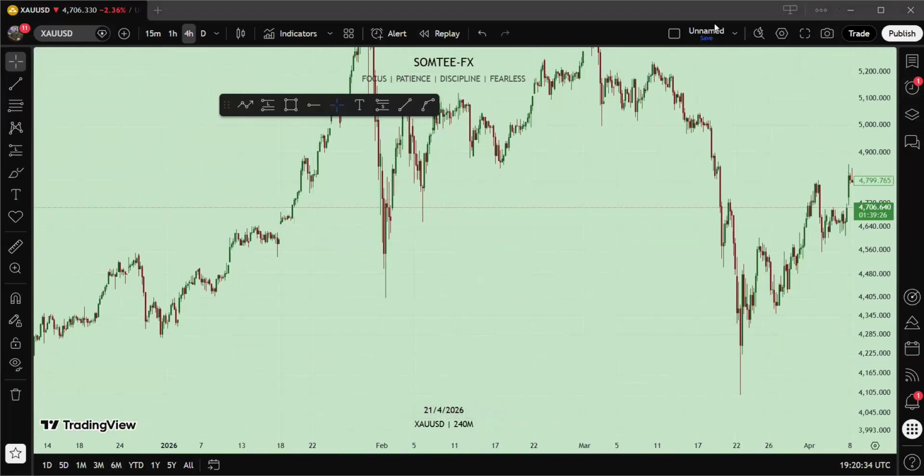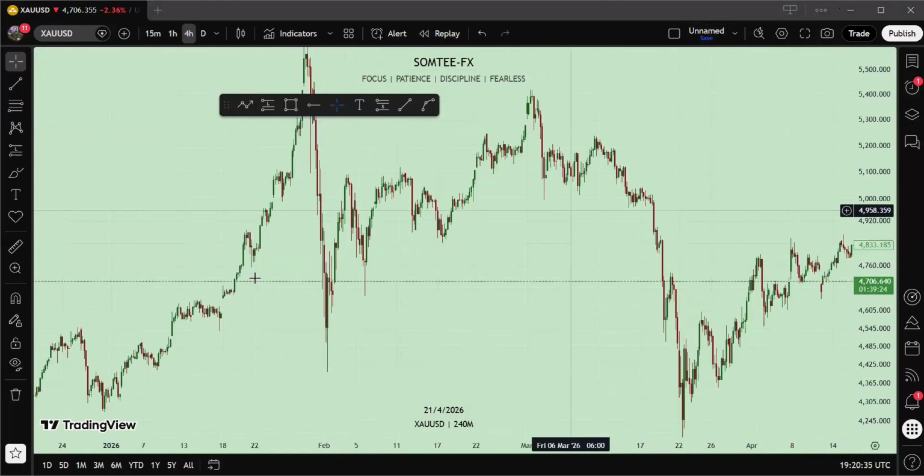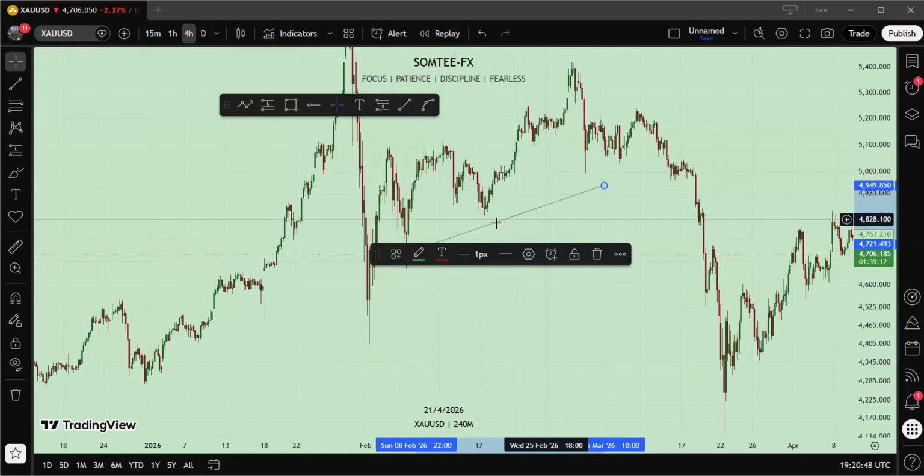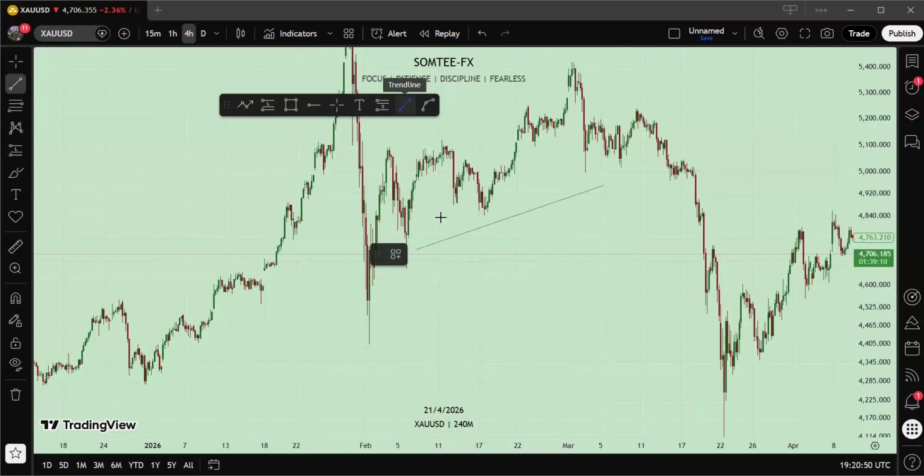You see all these lines. Let's say we are mapping out a line, a line like this. You're seeing this line, you're seeing another one. Probably we are mapping out a line that will be explaining something to us.